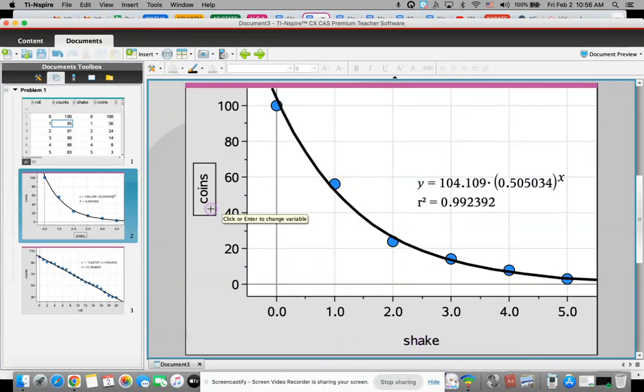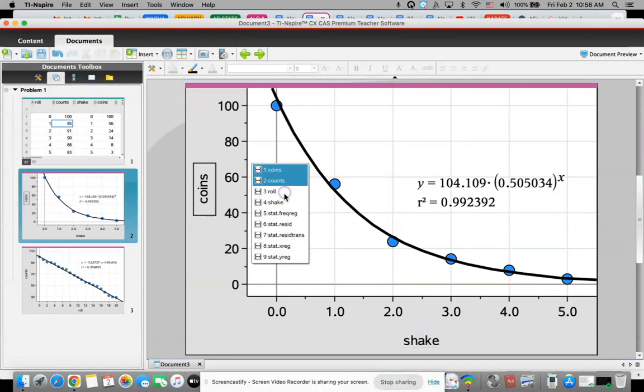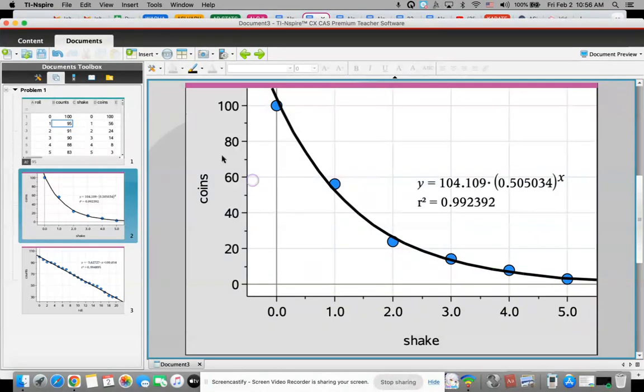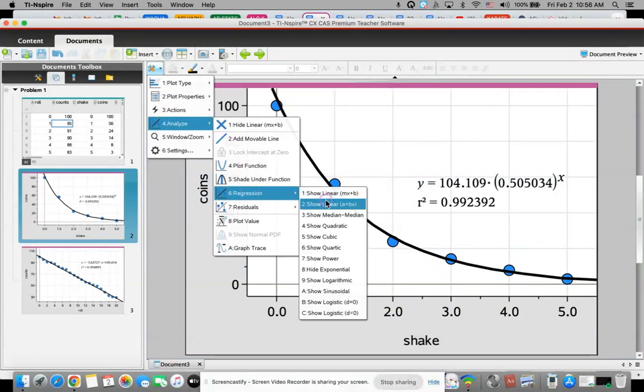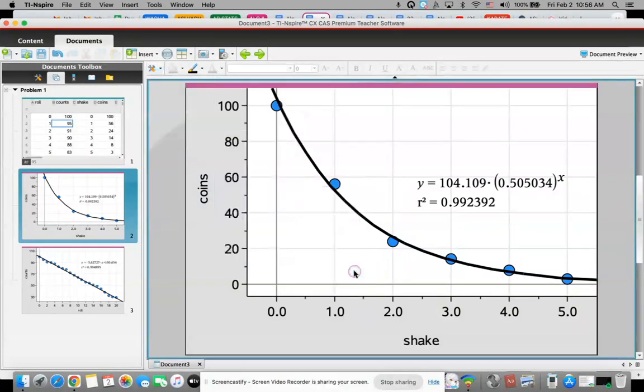Put your X value in, put your Y value in. You've got to put in what your X and what your Y are. So you just click on those and it'll come up and you can put in what you need. And then it'll graph it out. And then you can go to analyze, regression, and exponential here, right? And then you can get your equation out of it.